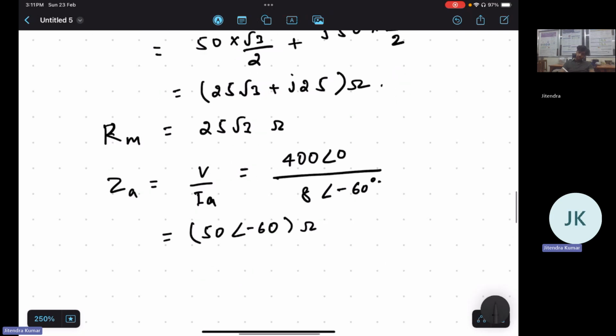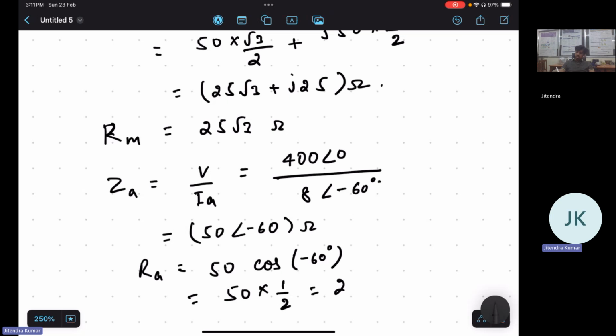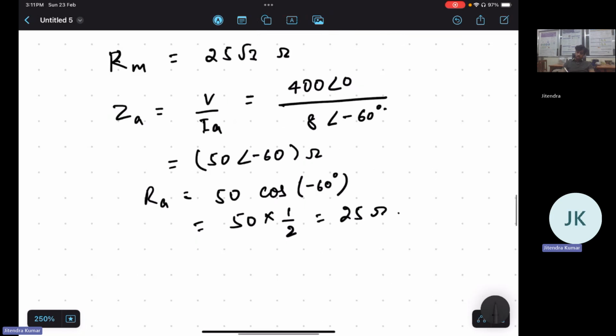And further we can calculate RA equal to 50 cos minus 60 degree, which is 50 by 2, so it will be 25 ohm. Now XA will be 50 sin minus 60 degree, which will be minus 25 root 3 ohm.